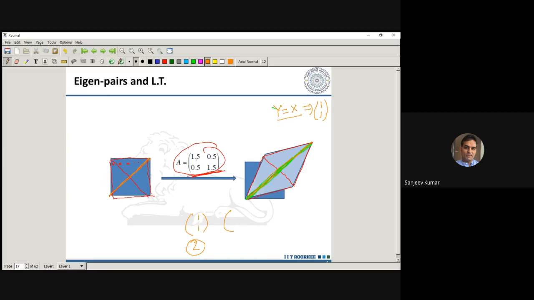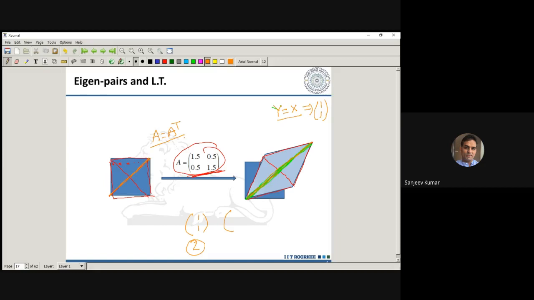Another one, because you can notice all are symmetric matrices. Symmetric means A equals A transpose, meaning if you interchange rows and columns of that particular matrix, it will remain the same. If you interchange the first row with the first column, the second row with the second column, the matrix will be the same.